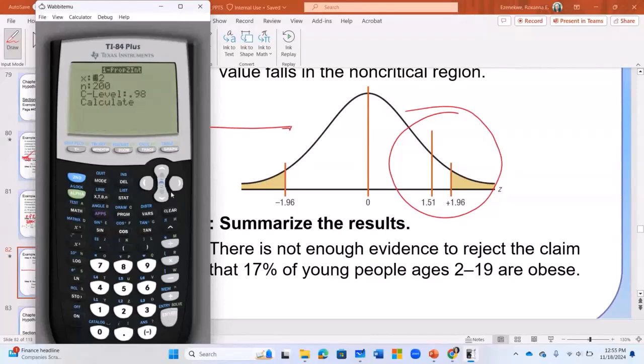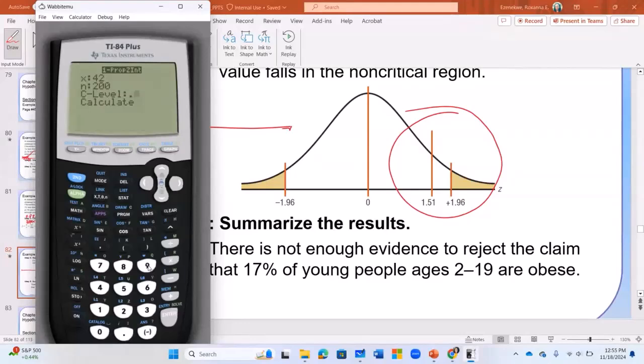X is 42, same question, sample size is 200. The confidence level is 95% because the level of significance is 5%. And so I'm going to type in 0.95 right here.